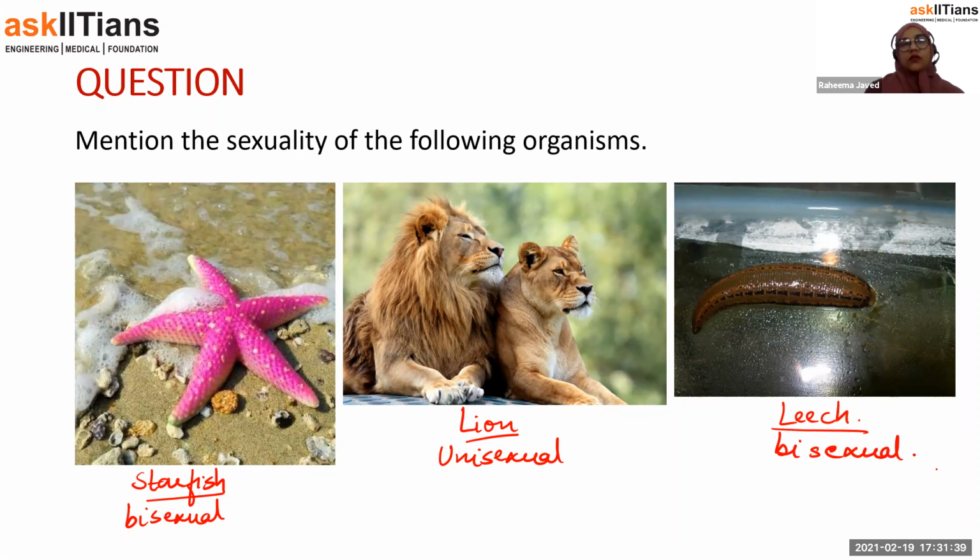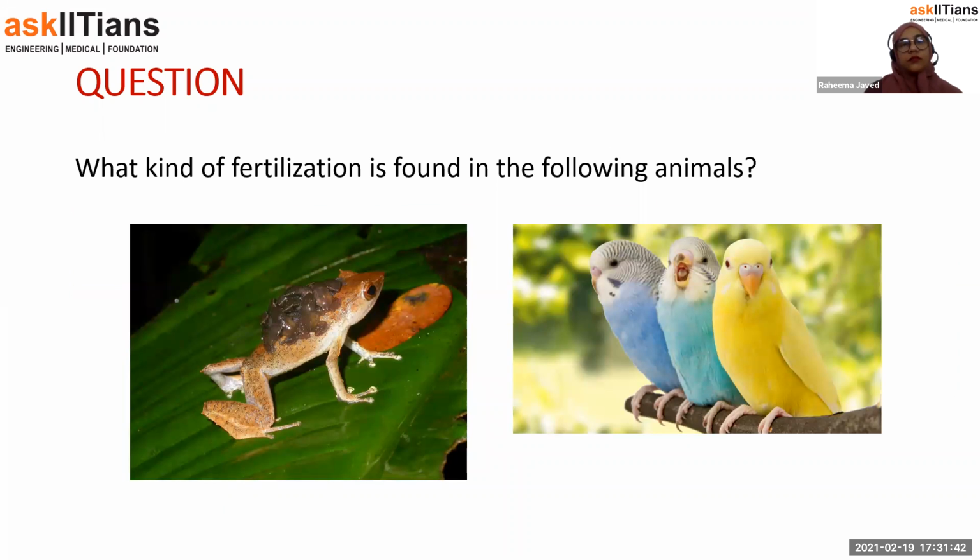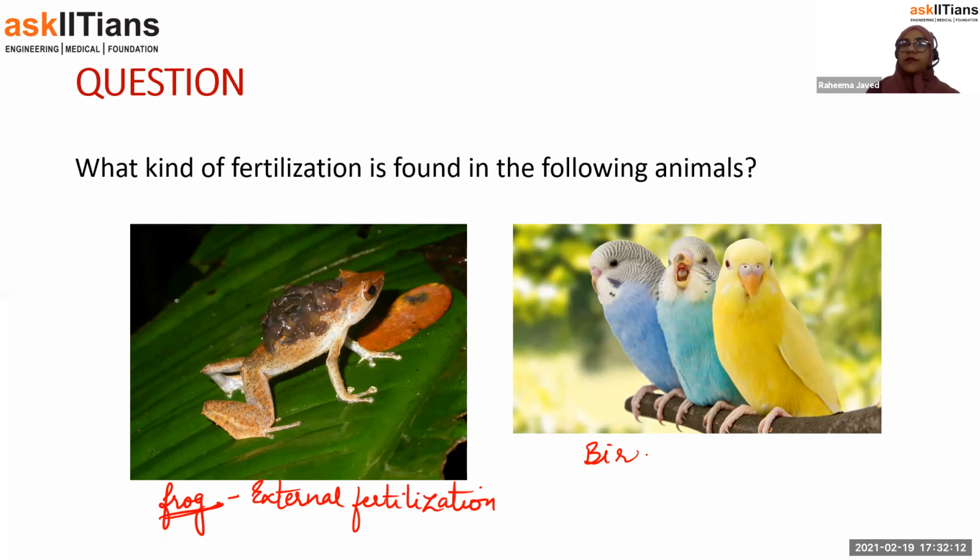Two more pictures are there, but here you have to find what kind of fertilization is found in these animals. On one side there is a frog, and on the other side there are birds. In frogs external fertilization is found, and in case of birds internal fertilization is found.